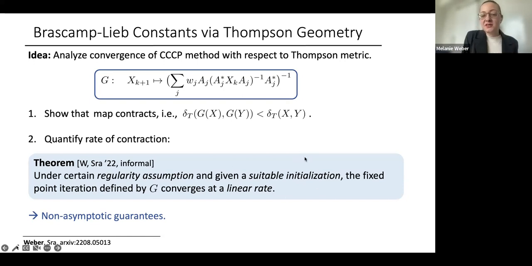Another word here on the suitable initialization. I already mentioned that we need to ensure that we have initialized this map within a certain compact set that contains the optimum. We have a good characterization of that set, but we are not sure how to efficiently compute a point in that set. So that is one open problem or limitation of our approach right now.